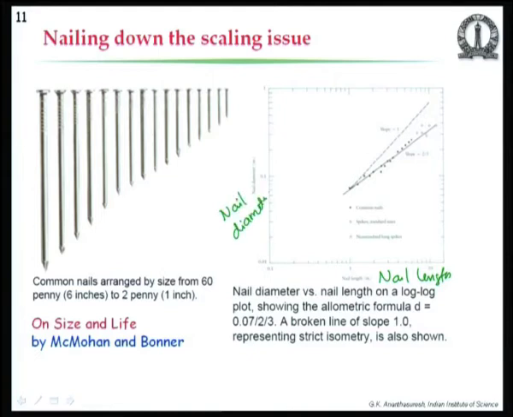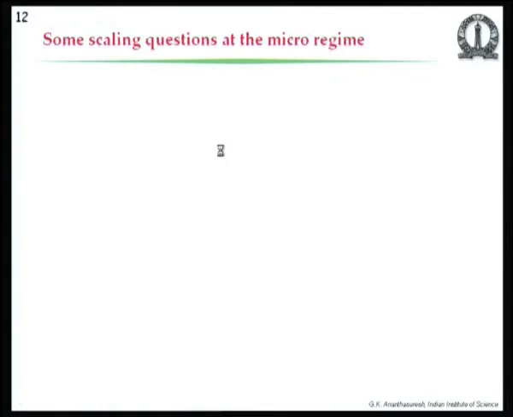This is a log plot. So, if something is linear on a log plot, actually it means that there is an exponential relationship in reality for the normal thing. This is again another nice book, on size and life by McMahon and Bonner, where they say that even for engineered things such as nails, there is an allometric relationship. So, there is a scaling law involved in things that are made in different sizes.